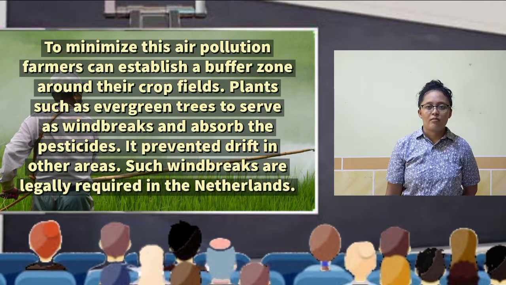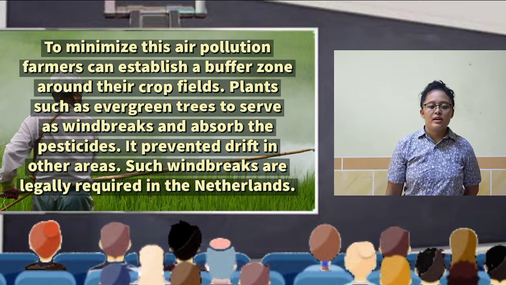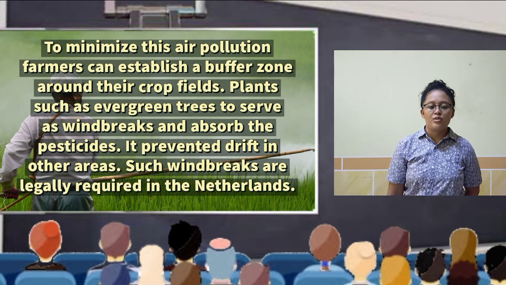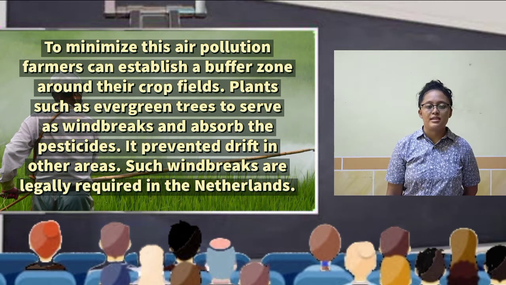To minimize this air pollution, farmers can establish a buffer zone around their crop fields. Plants such as evergreen trees serve as windbreaks and absorb the pesticides. It prevents drift into other areas, and such windbreaks are legally required in the Netherlands.